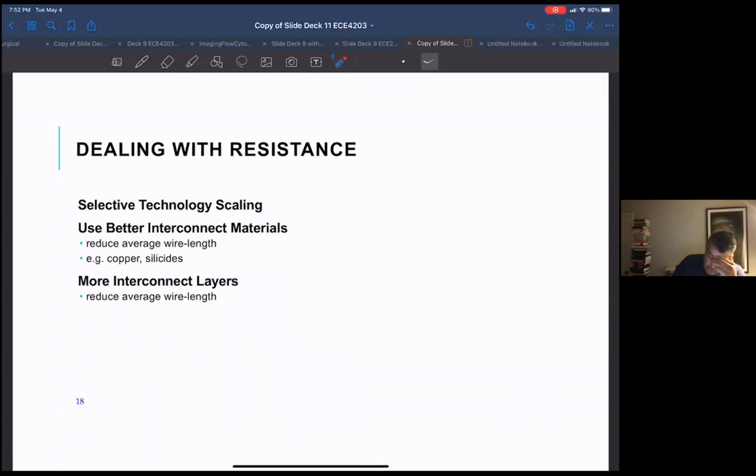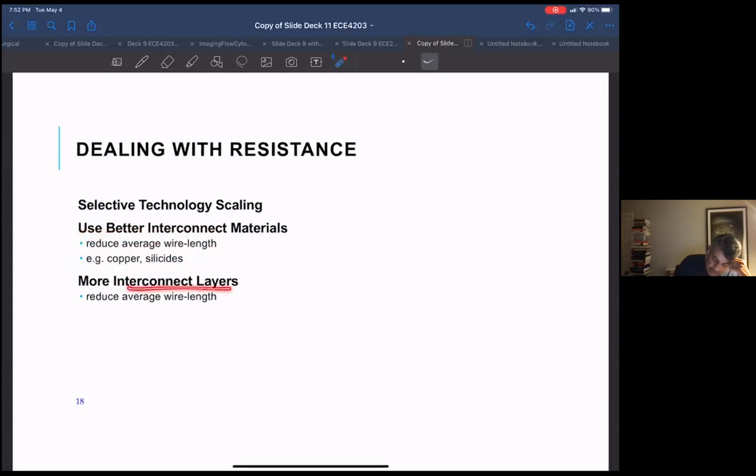So these are basically the methods of reducing resistance. Again, you go to better materials. You'll see that all the time, where you're in copper and you try to put stuff close to each other physically.